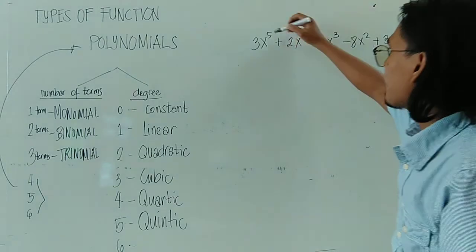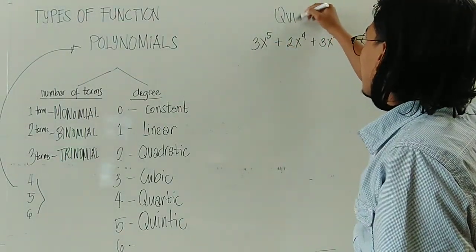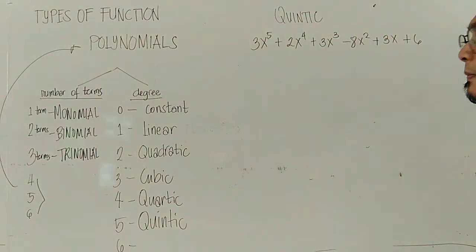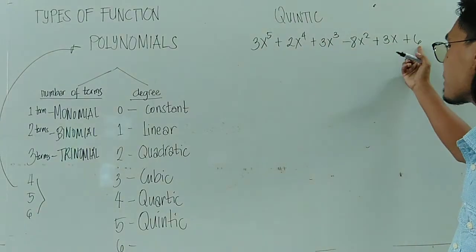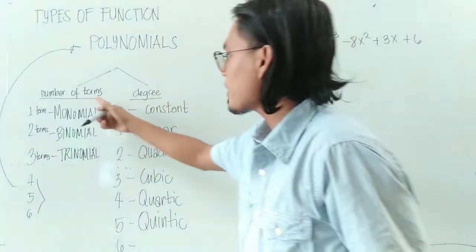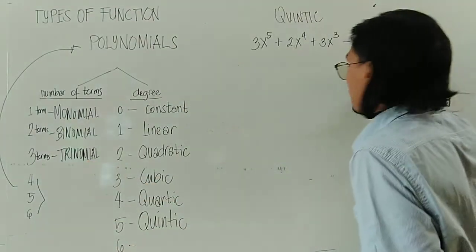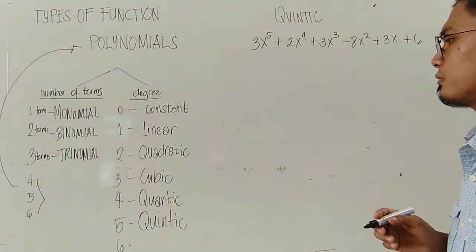The highest degree here is 5, so it is called quintic. How many terms? 1, 2, 3, 4, 5, 6. So it is no longer in the basic number of terms, it is just a polynomial with 6 terms.